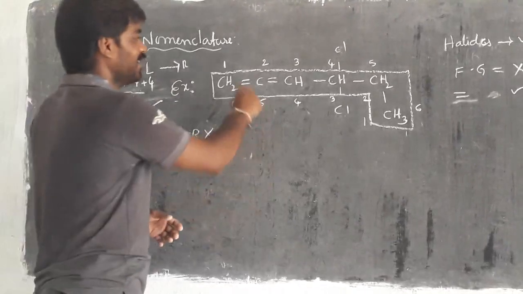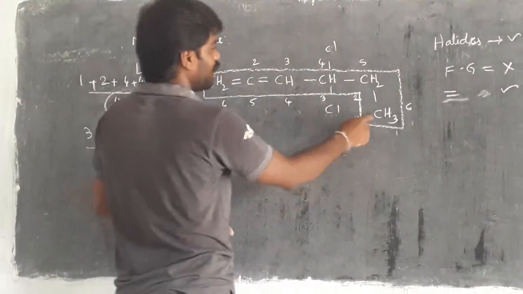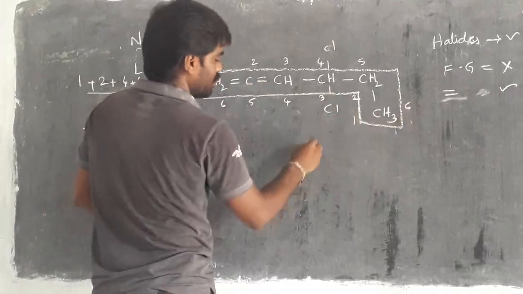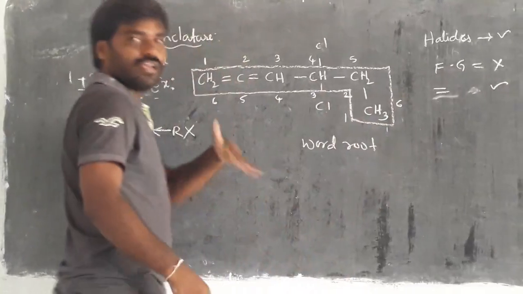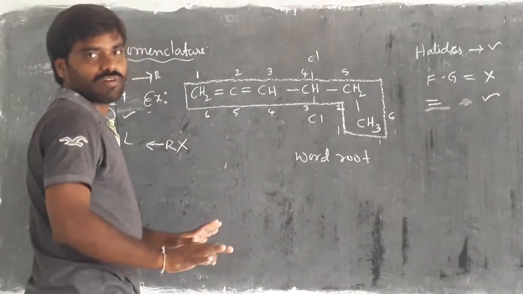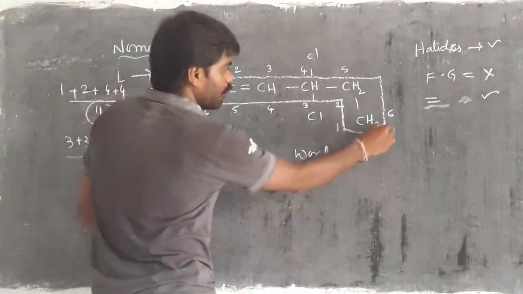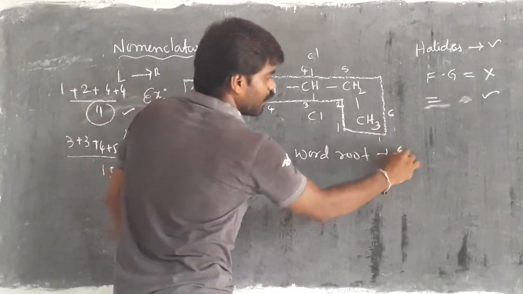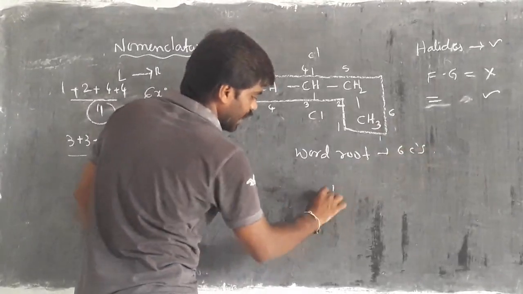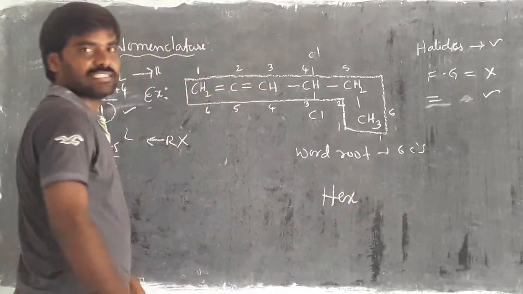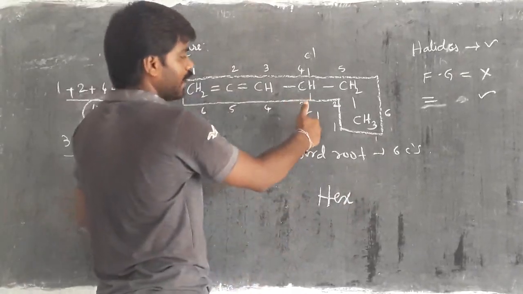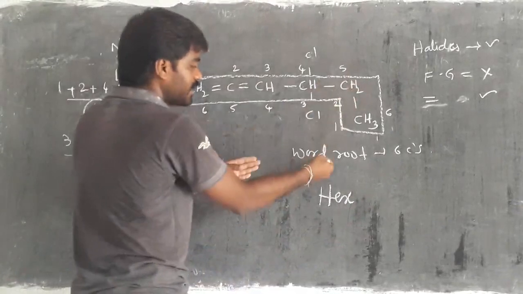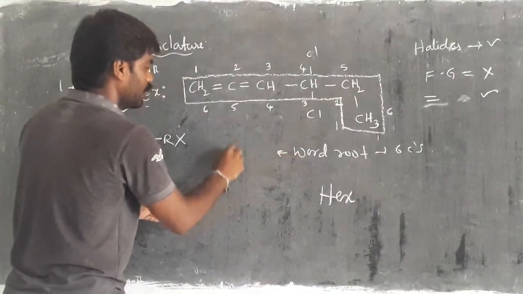Then in the parent chain how many carbons are there? We have 6 carbons. So first we have to write the word root, which corresponds to the maximum number of carbons in the parent chain. We have 6 carbons. For that we write hex, right? Then we have to write only halides before the word root as prefix.